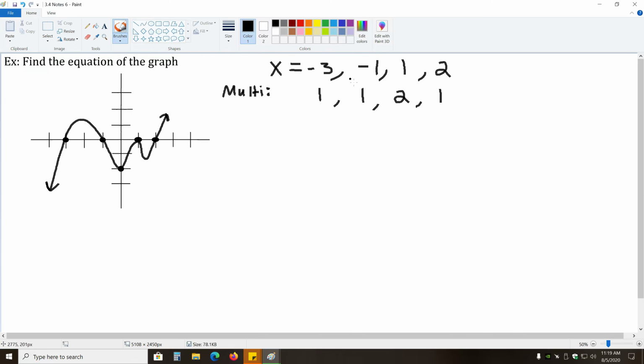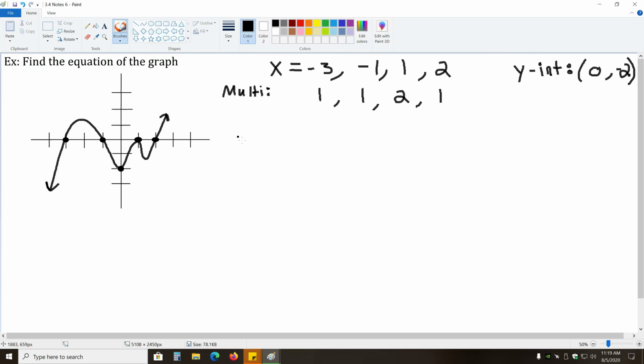Okay, so now that we have these x-intercepts, let's quickly make note of the y-intercept as well. The y-intercept is this point down here, (0, -2). We will need that later when solving for that a value.